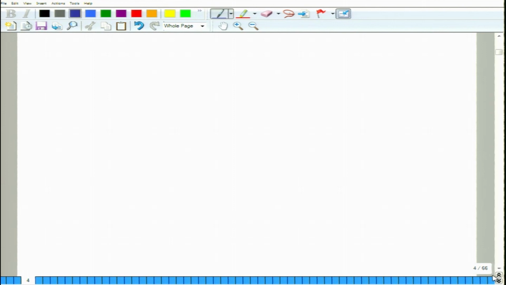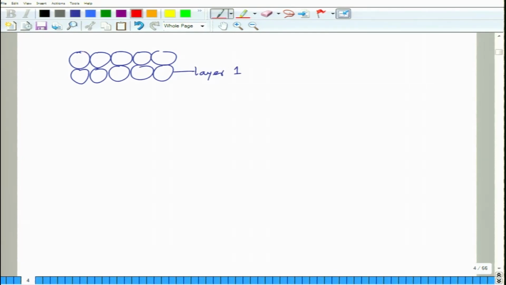And the fourth one, which is not so common, could be this kind. So you have atoms in this fashion. This is layer 1. Second layer goes directly on top of it.